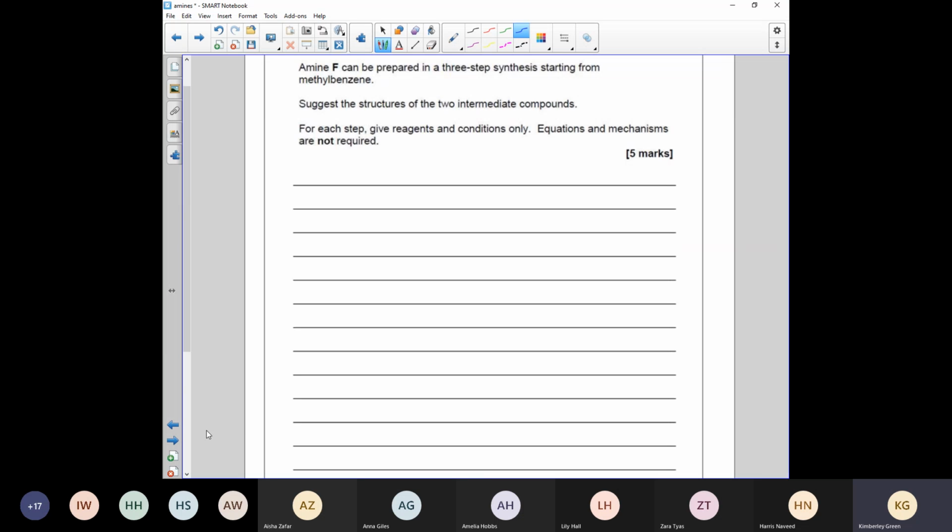Right, okay, again, something else that's going to start to crop up a bit more, these synthesis steps. We do have a bit of a pack on synthesis, but it's pretty much revision of your organic mechanisms. So all a synthesis is, is a way of starting from one product and getting to something that you actually want.